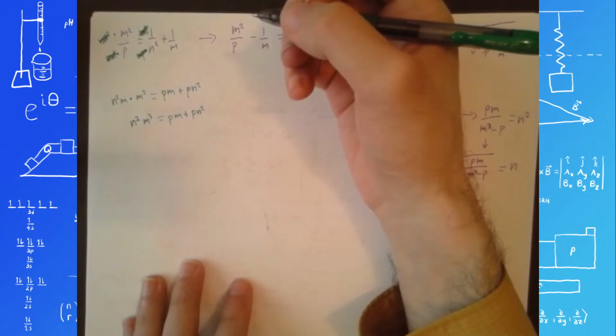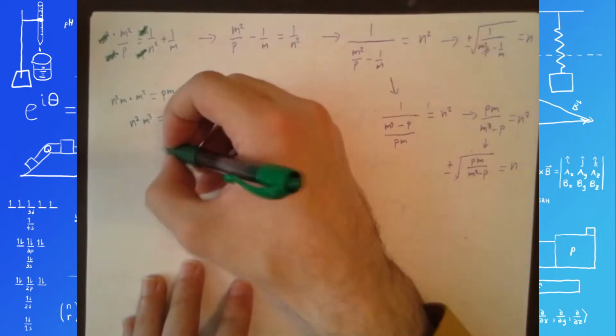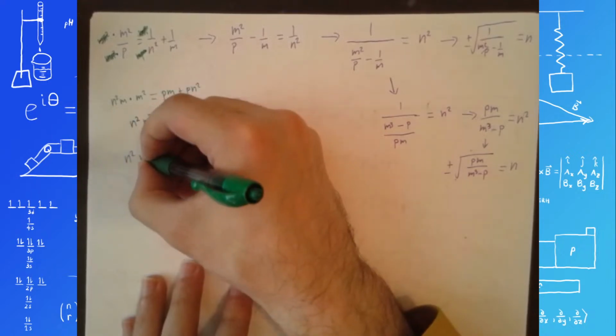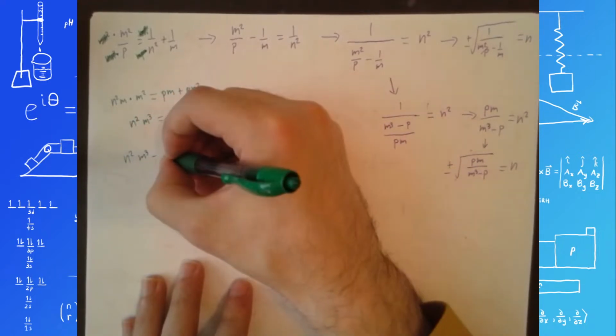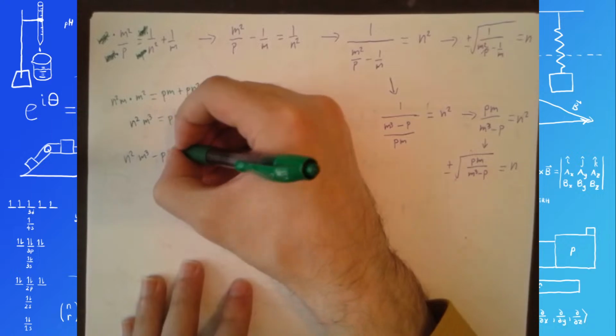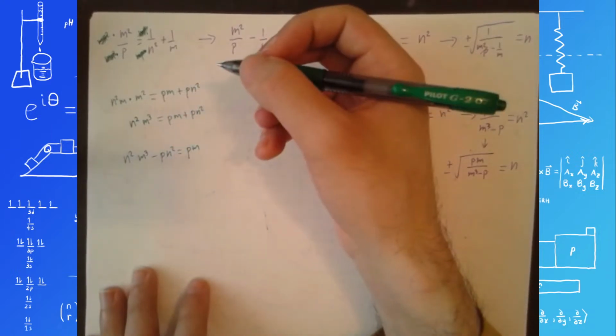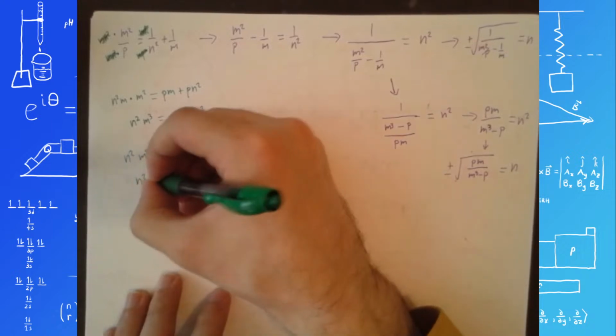And then group the n squared terms. So subtract the p n squared over to the left. N squared m cubed minus p n squared equals pm. And then factor out the n squared.